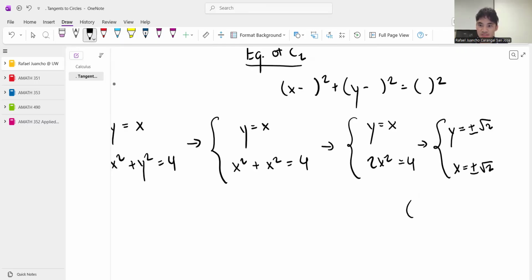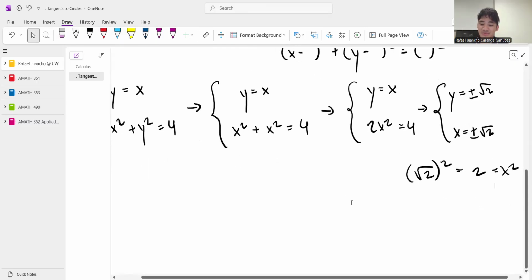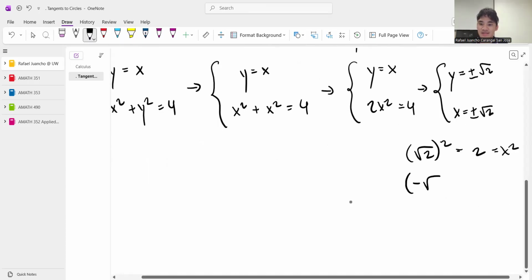If we square this, we get 2, and that's the same as x squared. But if we also square the negative square root of 2, we would get the same thing. That's why we consider both of them. Okay? It's as simple as that.